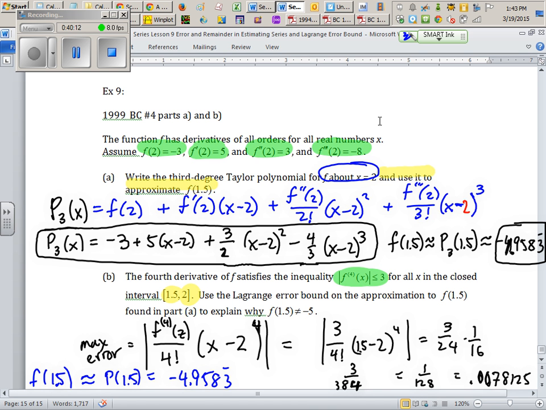But even if I subtract 0.0078125, even if I subtract this off, I get what? Negative 4.9661458. This is the least it could be.